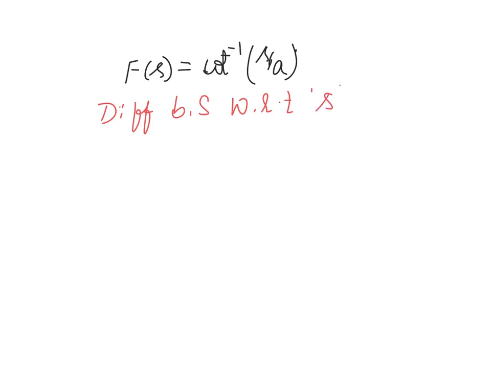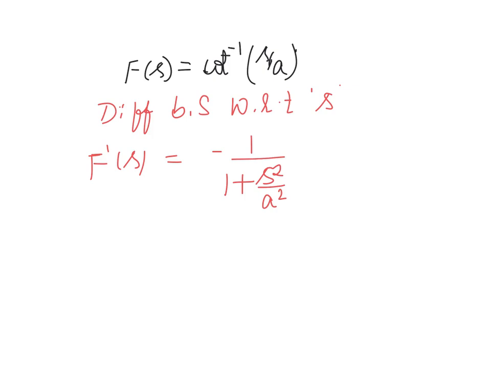It gives us f dash s on the left. On the right side, the derivative of cot inverse x is minus 1 by 1 plus x square. Here we have s by a, so s square by a square. Also we have to differentiate this s by a, where s is the variable.